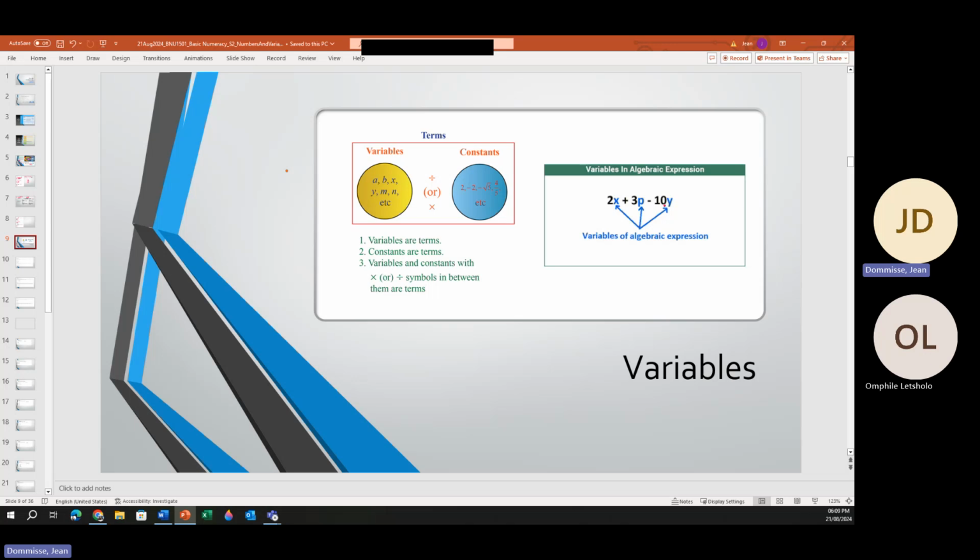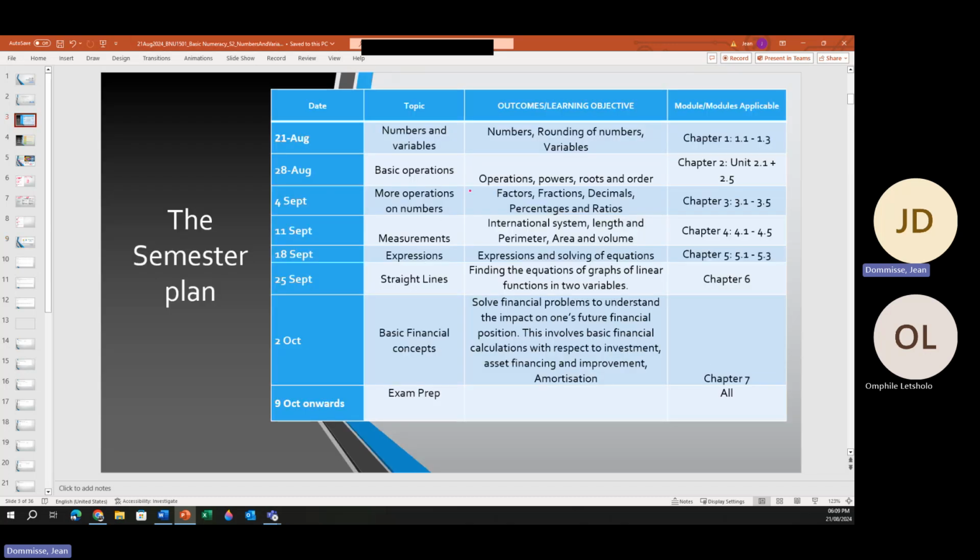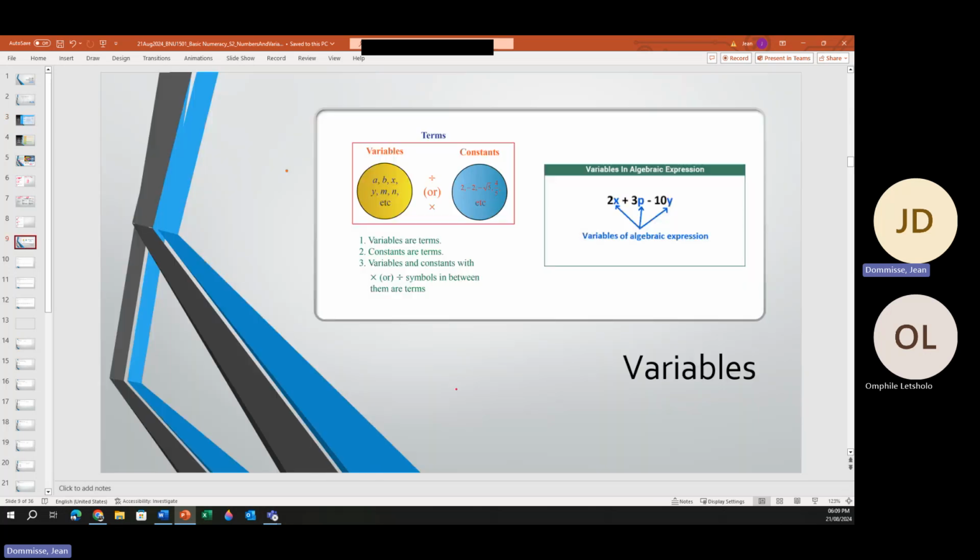In the second chapter that we will go through next time, we will also look at expressions and equations that we need to solve, and straight lines. All of those things start off with expressions and then go into functions and straight lines.